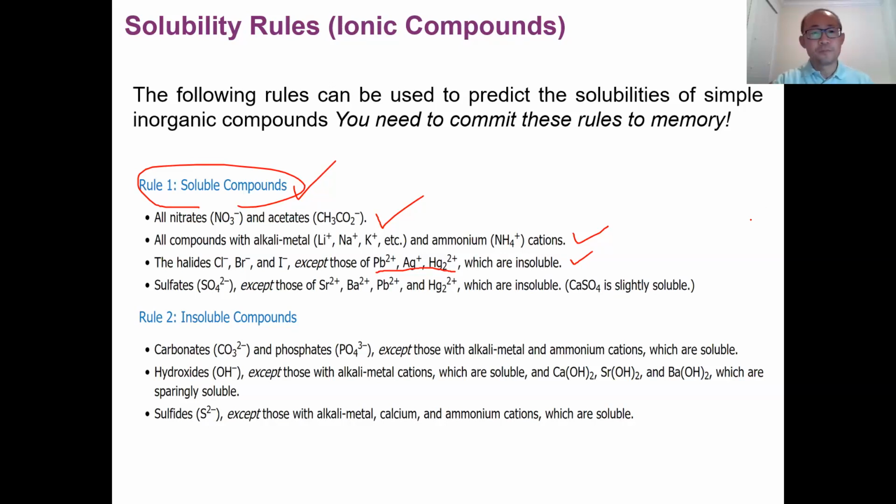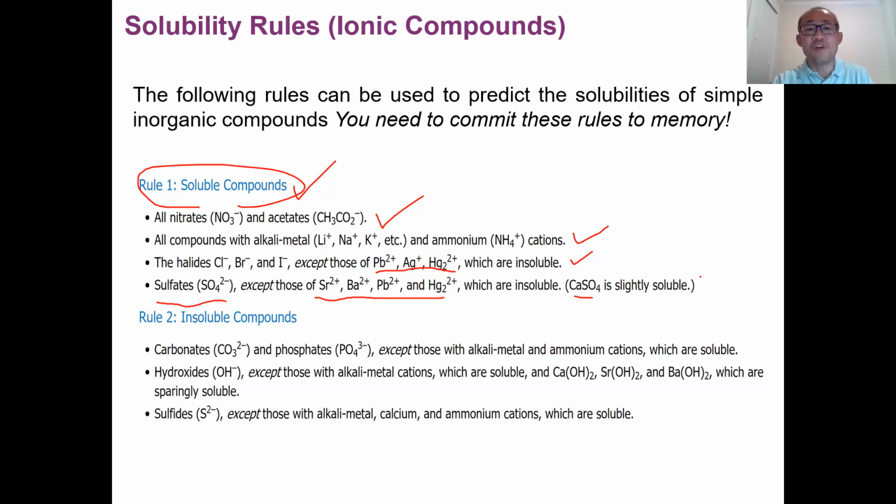Number 4, sulfates are mostly soluble except with strontium, barium, lead, and mercury. That means barium sulfate is not soluble, even though sulfates are mostly soluble. And here I put calcium sulfate. Usually we assume it is soluble, but it's actually slightly soluble, though we still assume it is soluble.